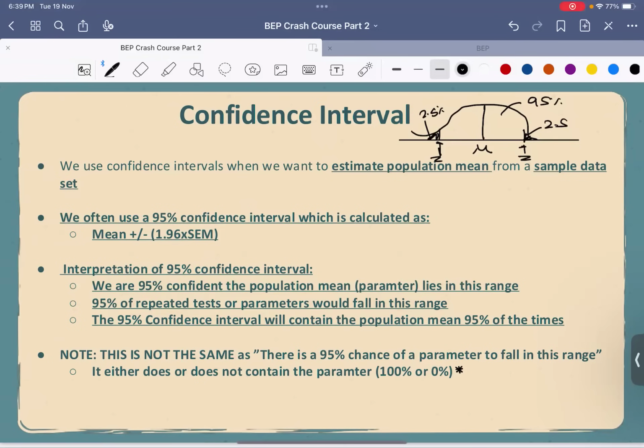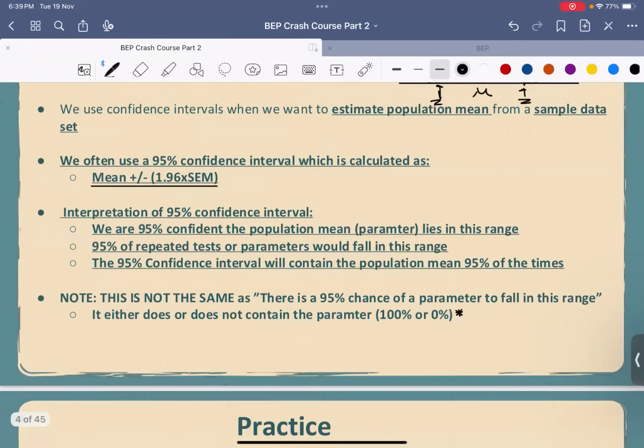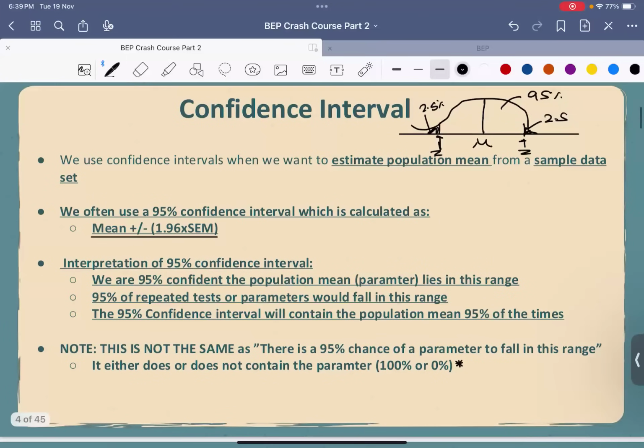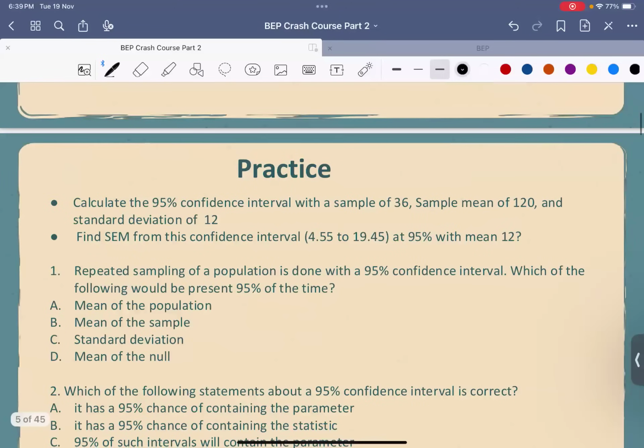That's how we get the confidence interval. But this is a very simplified equation, so you don't need to really know everything I said. You just need to memorize this equation, but just to understand what a 95% confidence interval is and where it came from. So let's do it over here.